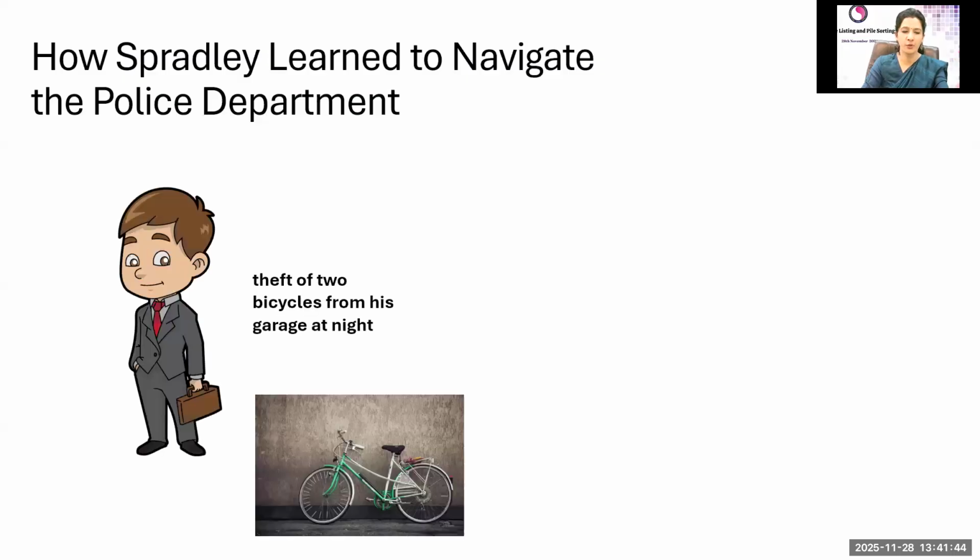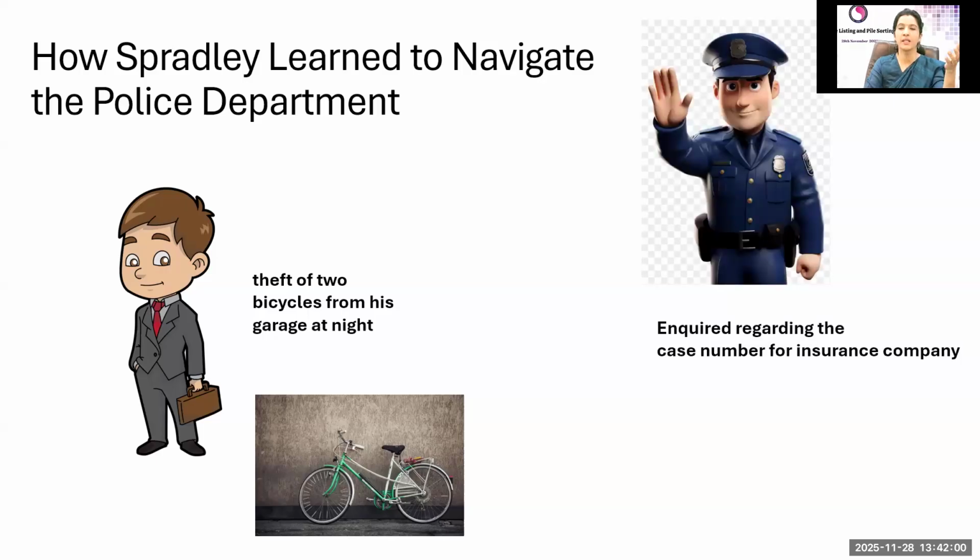There was a story that this person named Spradley had a theft of two bicycles from his garage at midnight. So he lodged a complaint with the police, but to claim the insurance money, he required the case number. There's a case number for each case whenever you go and lodge a case.